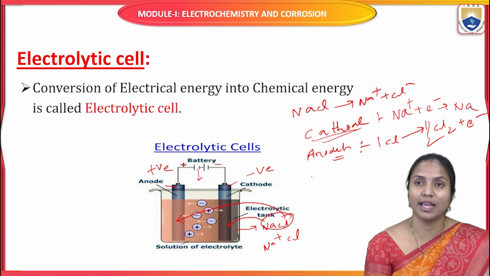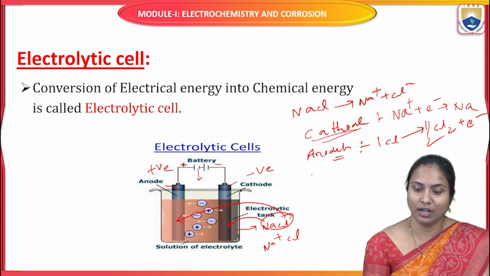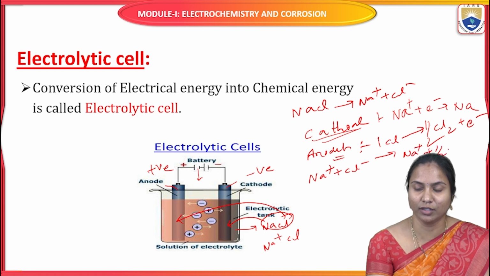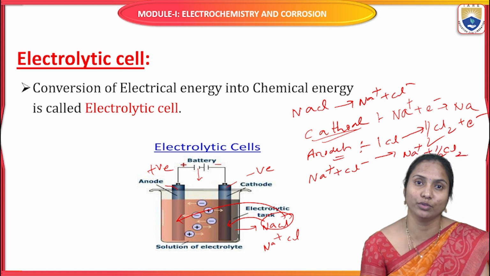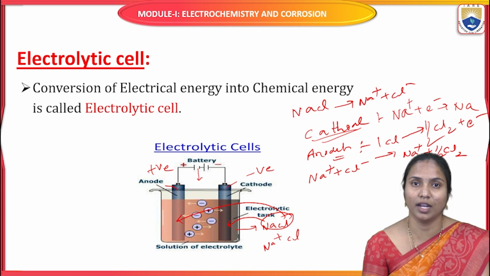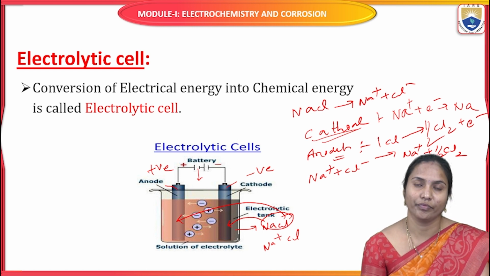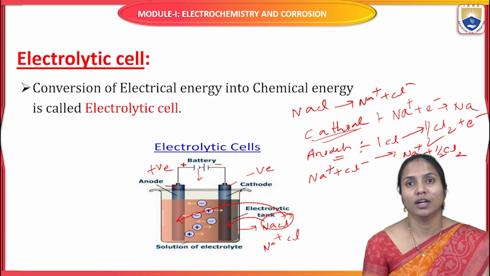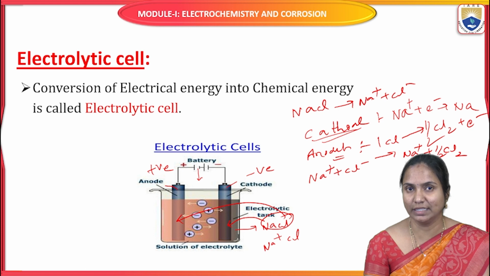So what is the overall reaction with anodic and cathodic areas? Na plus and Cl minus give Na and half Cl2. This is the overall reaction during electrolysis in this electrolytic cell. Simply put, conversion of electrical energy into chemical energy is called an electrolytic cell.